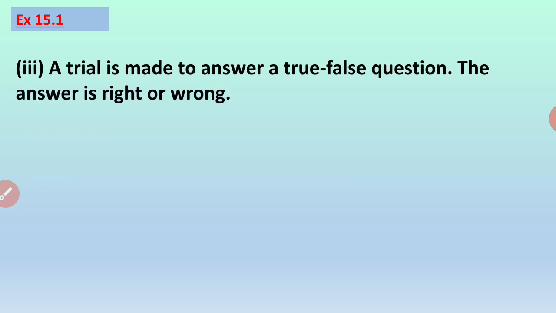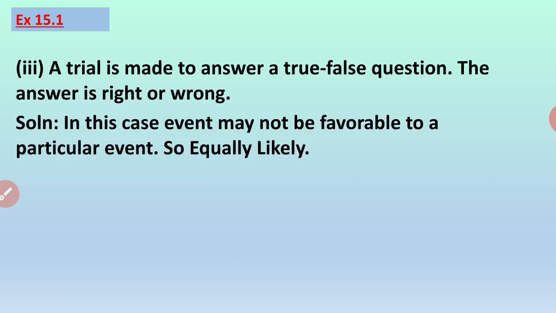A trial is made to answer a true-false question. The answer is right or wrong. Here, there are equal chances of getting true or false if you just try it. 50% chance of getting it correct, 50% chance of not getting it correct.